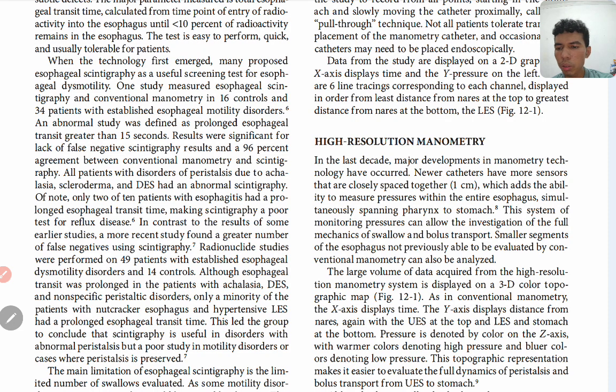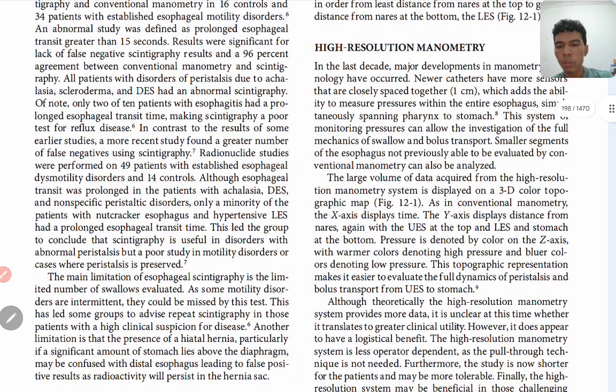Although esophageal transit was prolonged in patients with achalasia, EES, and non-specific peristaltic disorder, only a minority of the patients with nutcracker esophagus and hypertensive LES had a prolonged esophageal transit time. This led the group to conclude that scintigraphy is useful in disorders with abnormal peristalsis, but a poor study in motility disorders or cases where peristalsis is preserved.